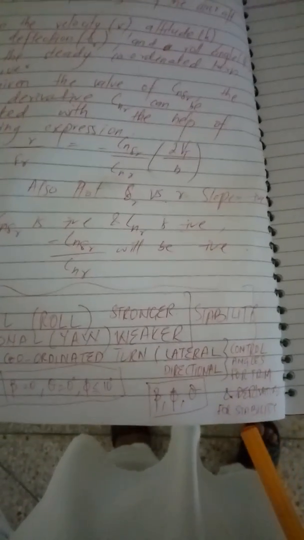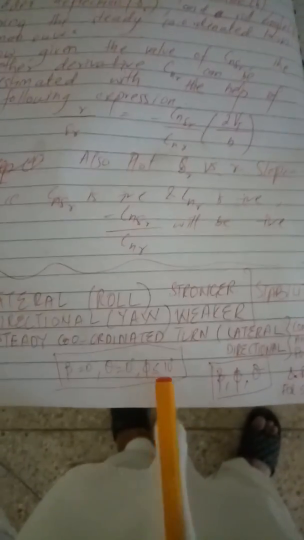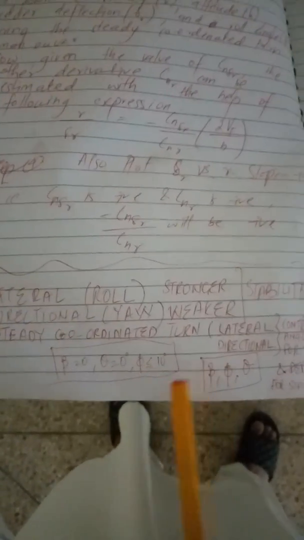When there is a turn, there would be control angles for trim, and derivatives for stability. We have to check the derivatives, the aerodynamic forces, the properties, and also the control angles. That is the purpose of having the steady coordinated turn, so that beta is 0, theta is equal to 0, and phi is less than or equal to 10 degrees by assumption.